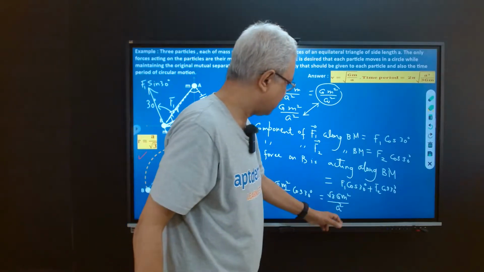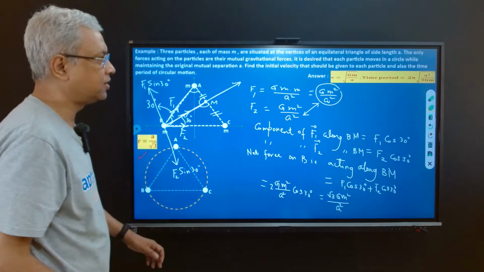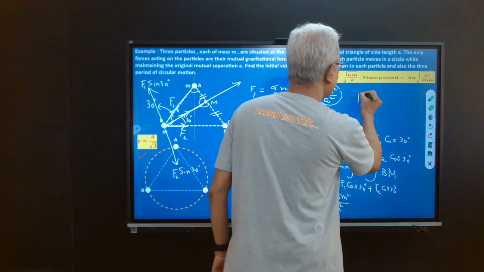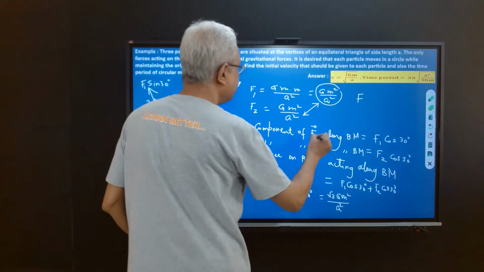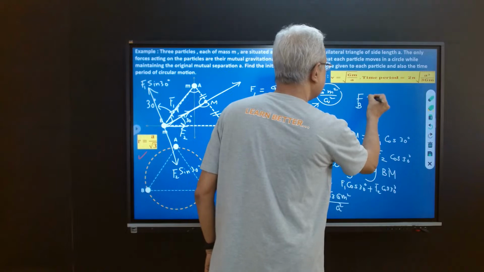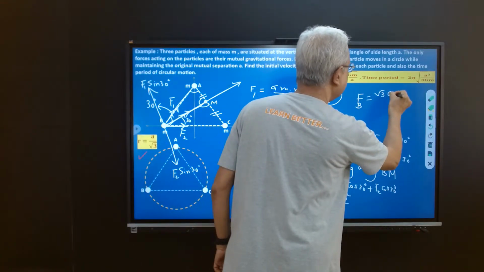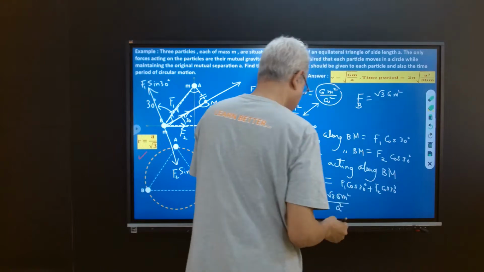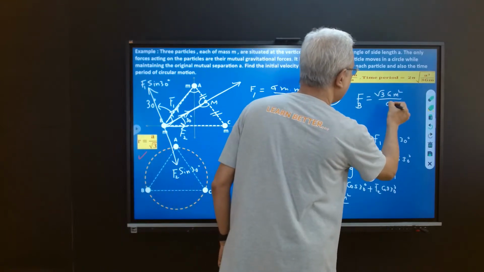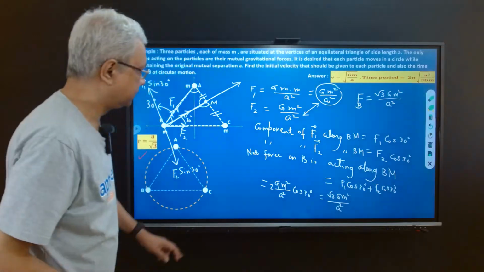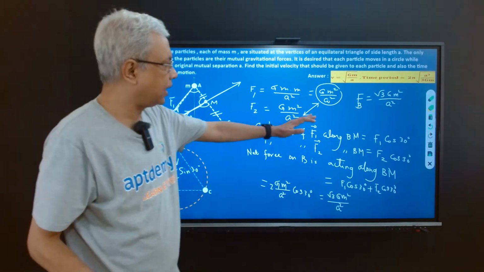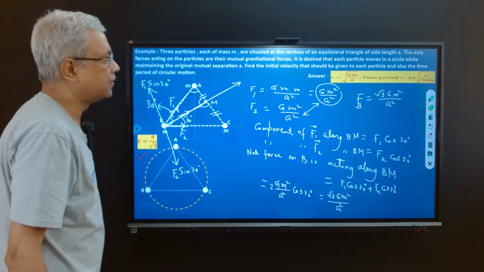Root 3 G m square by a square. So the net force acting on B is root 3 G m square by a square. I think the calculation is correct up to this.